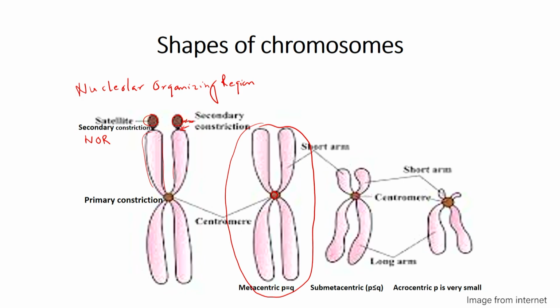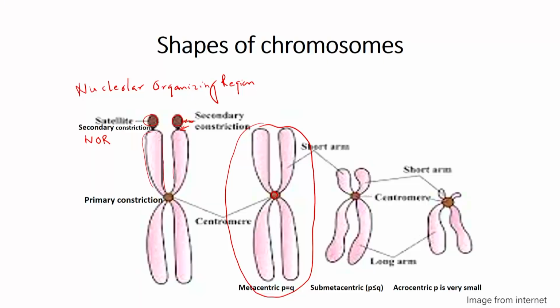So these regions remain decondensed, and that is why they appear constricted, and they make a profuse amount of ribosomal RNA. When too much ribosomal RNA is made, the nearby region with RNA and some of the proteins which bind with those RNAs make a cloud which appears different from the other part of the nucleus. So this is within the nucleus.